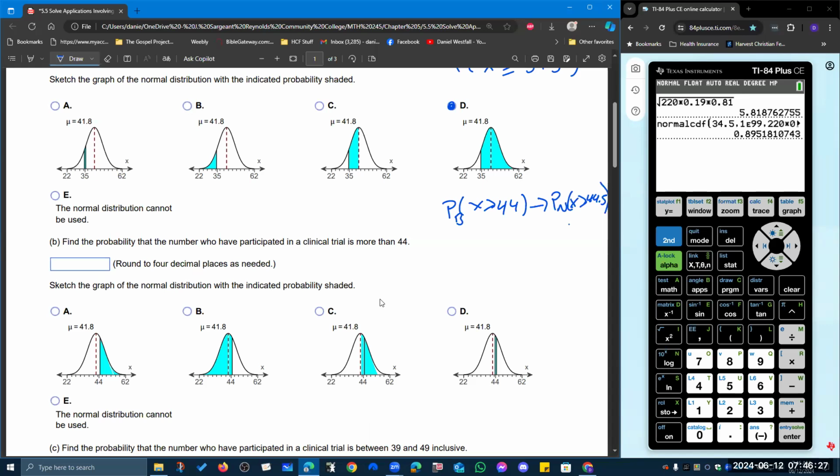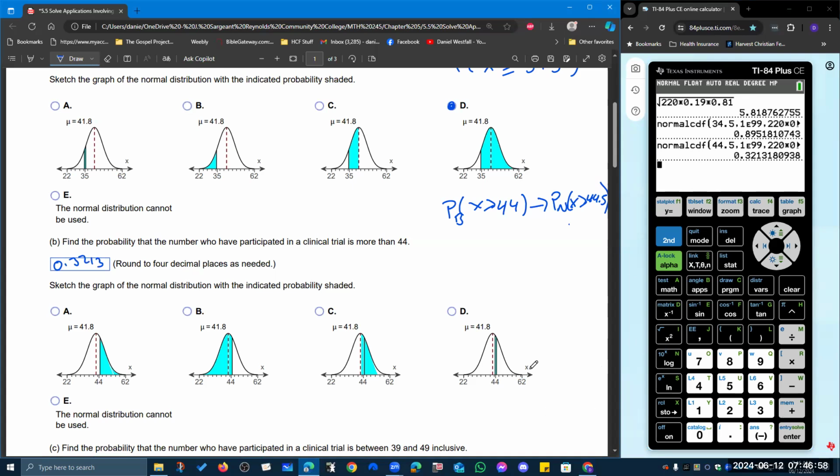Second distribution, normal CDF, 44.5 unbounded on the right, and still the same mean and standard deviation. And this is going to be 0.3213.